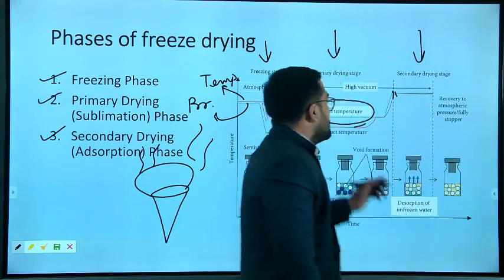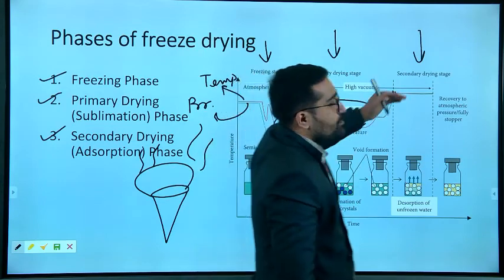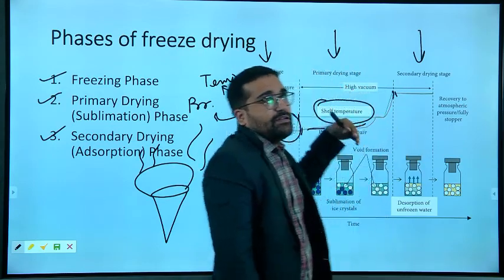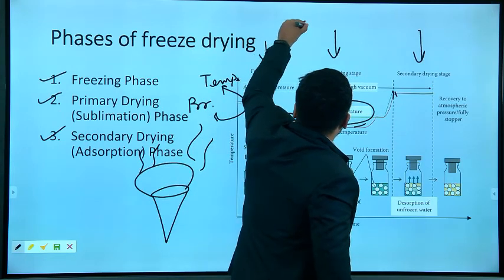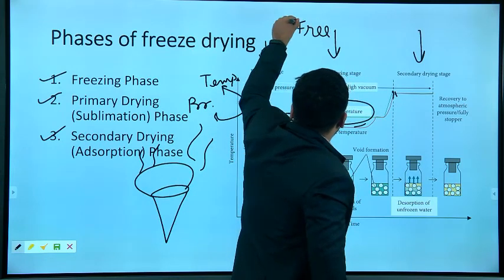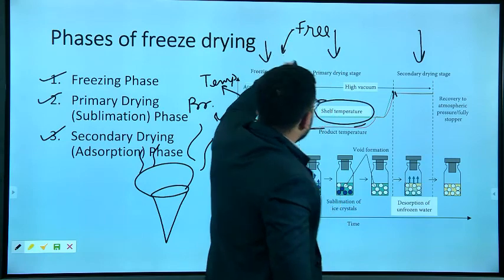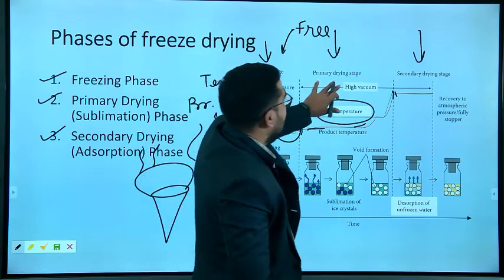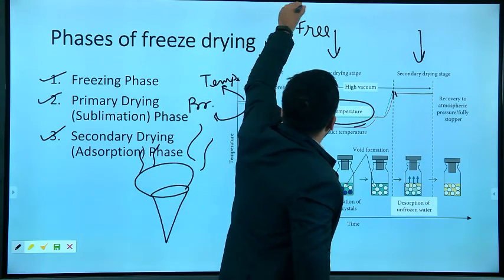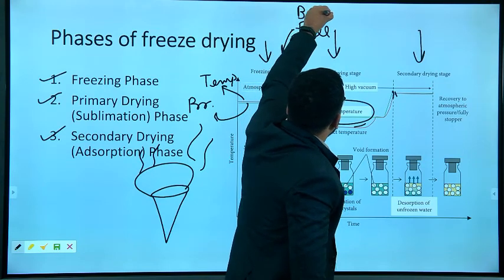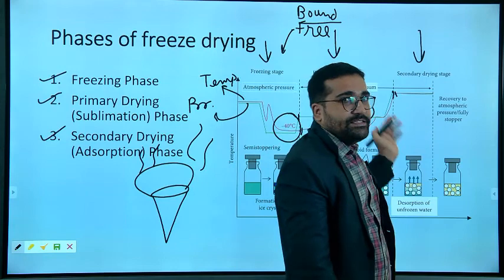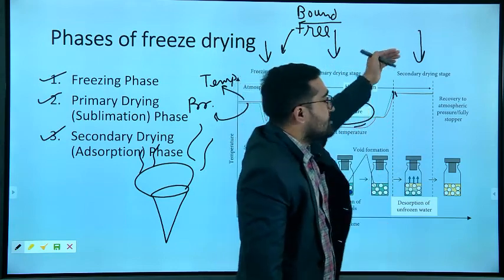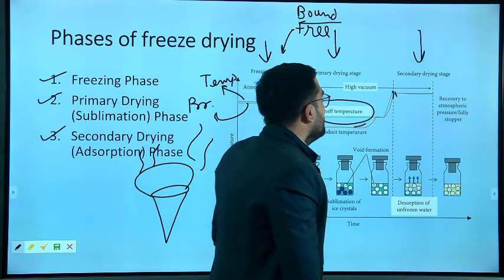Free water will convert to ice very easily. Okay. And then we will remove the free water by sublimation, that is also easy. But what happened to bound water? The bound water doesn't evaporate that easily. Okay. For that we need to do the secondary drying stage.